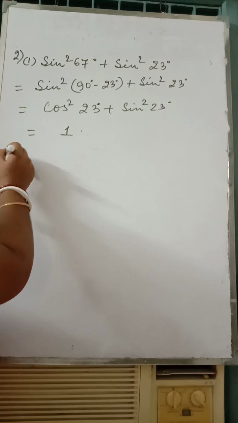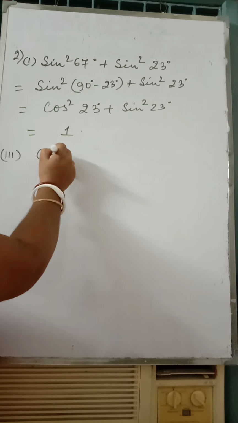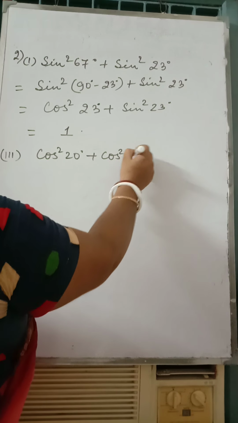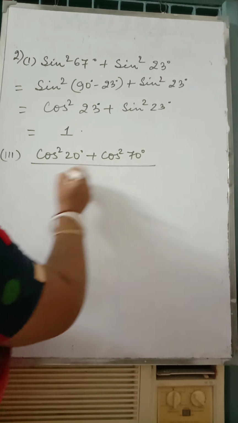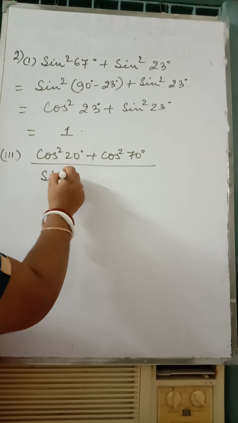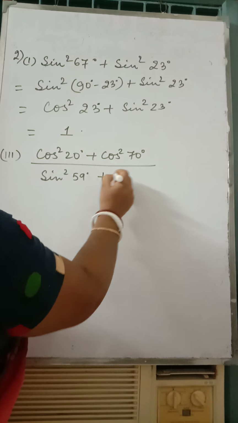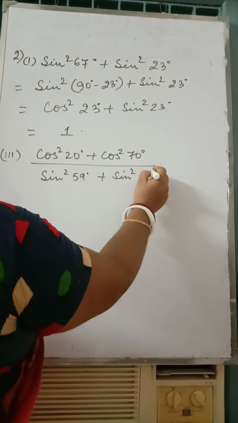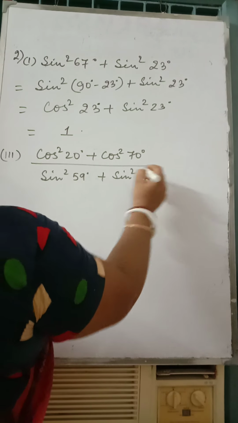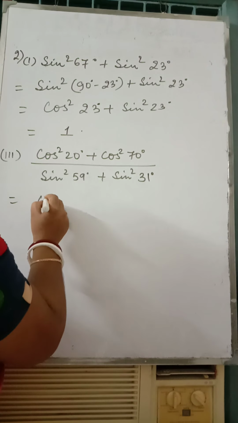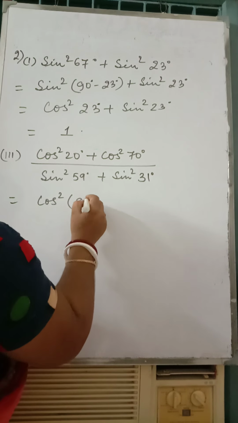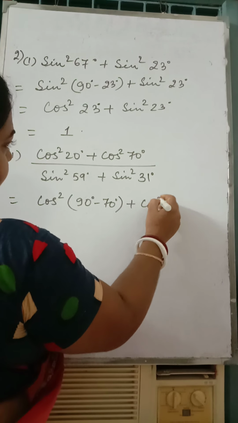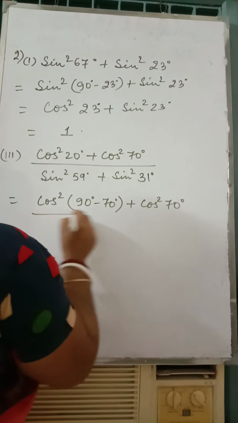Let us see number 3. Cos square 20 degree plus cos square 70 degree by sine square 59 degree plus sine square 31 degree. Now we can write it as cos square 90 degree minus 70 degree plus cos square 70 degree.